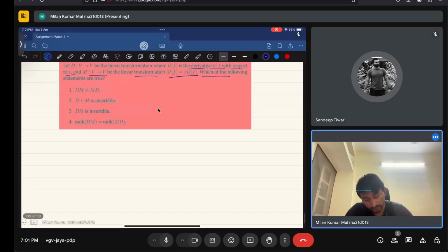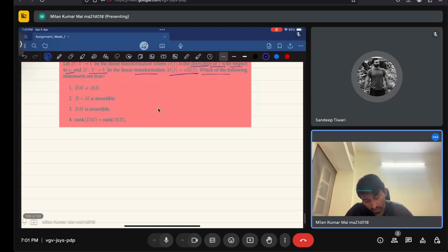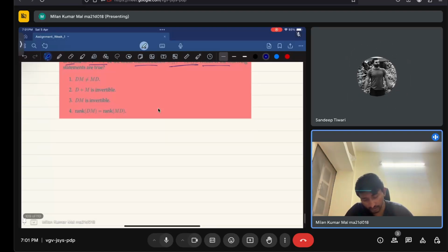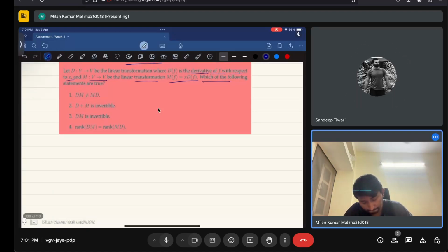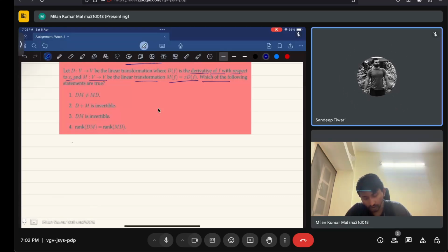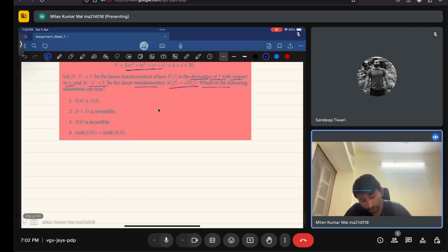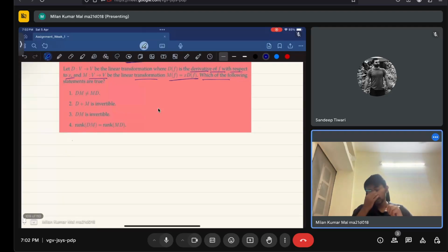So obviously, here you can find the matrix representation and check. But we have to find the matrix representation, there is no other way, I think. So the matrix of D, okay, I think we have to find each of them. Let's check option 1, DM equals MD.